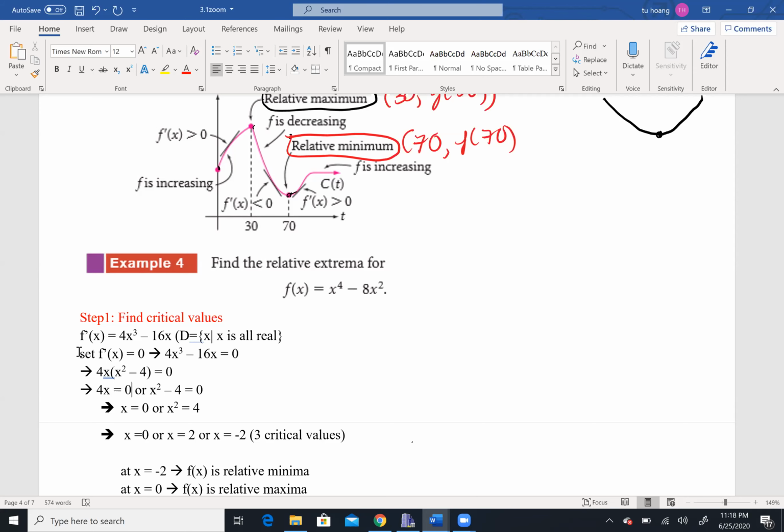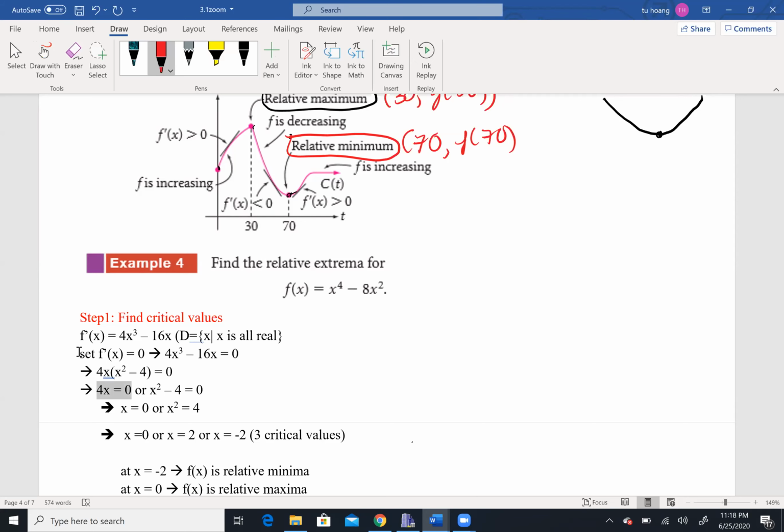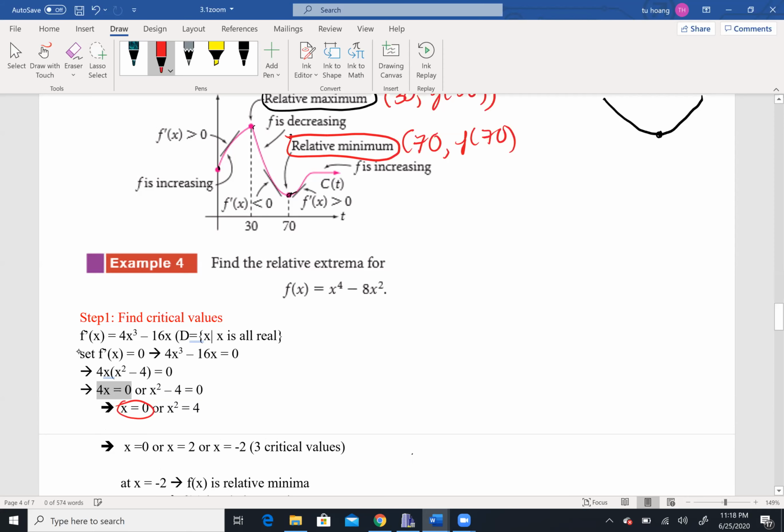For the case that 4x equals 0, I divide both sides by 4 and I get x equals 0. In the other case, I'm going to add 4 to both sides to get x squared equal to 4.